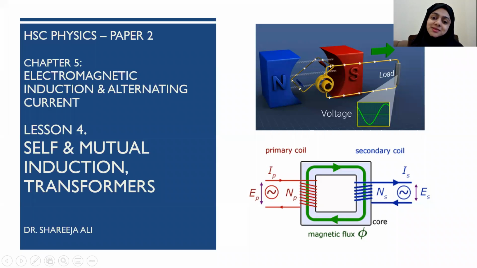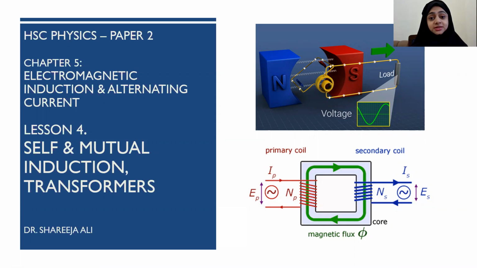Good morning, students. Today, we are having lesson 4 of the chapter Electromagnetic Induction and Alternating Currents. We have previously seen in this chapter what is electromagnetic induction. We have also seen the series of experiments conducted by Michael Faraday while discovering electromagnetic induction.